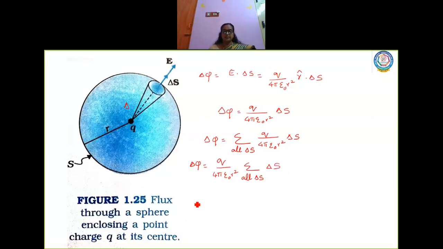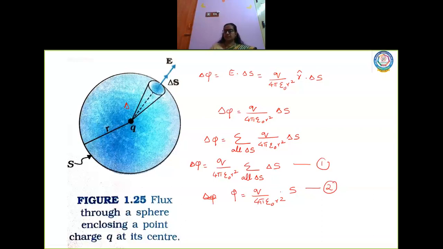Now when I summate this, I will get the entire surface, which you will represent as psi now, which is equal to Q by 4 pi epsilon naught R square into S. Clear? Now this equation is for the small surface area. This is for the entire surface area of the sphere.